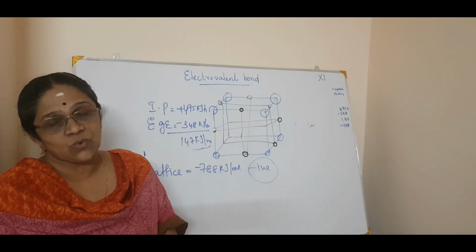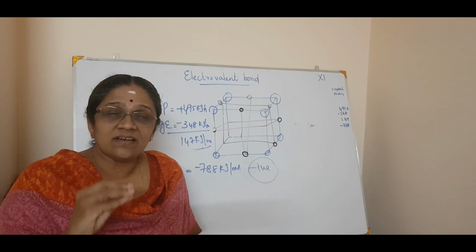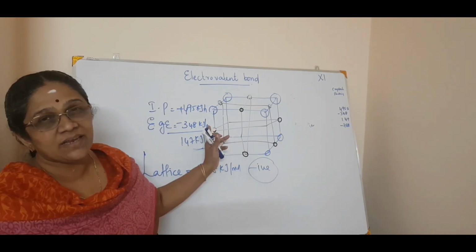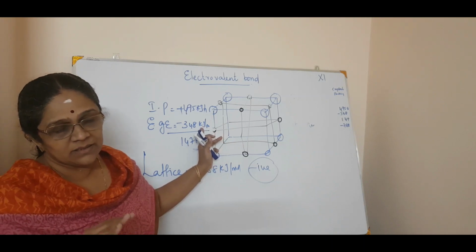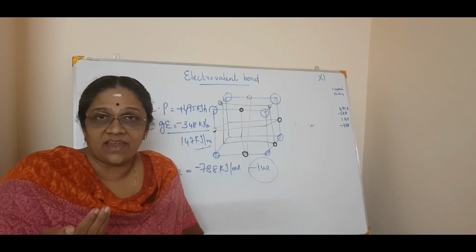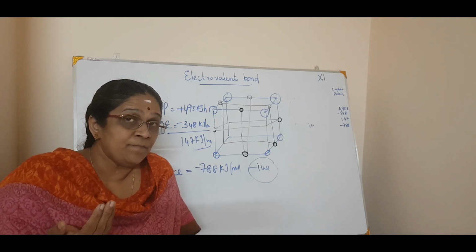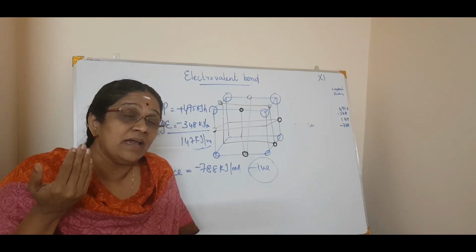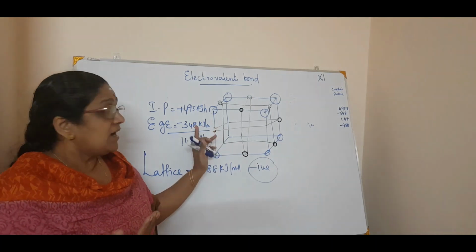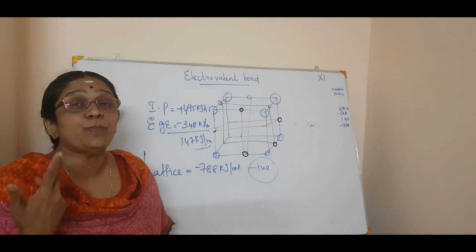So, we have to consider the lattice energy also when you are considering the electrovalent bond. Along with the octet theory, ionization potential and electron gain enthalpy come under that approach, isn't it? That is, it is gaining energy and losing energy to make what?